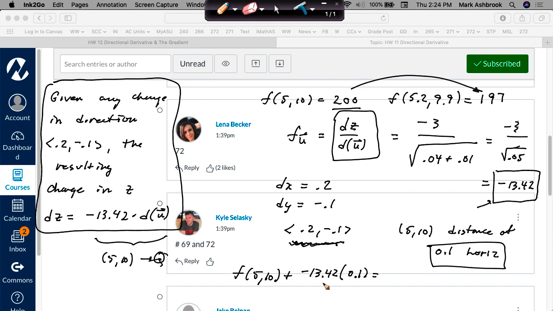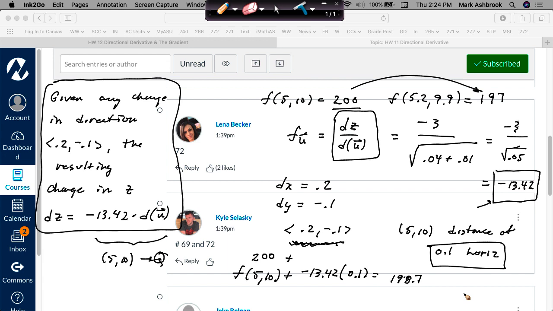So that's going to be negative 1.342 plus 200. 198.7. Yeah, 198.